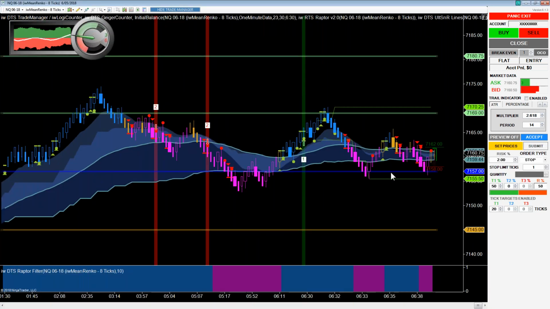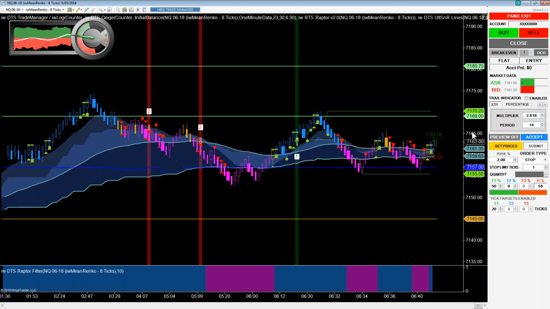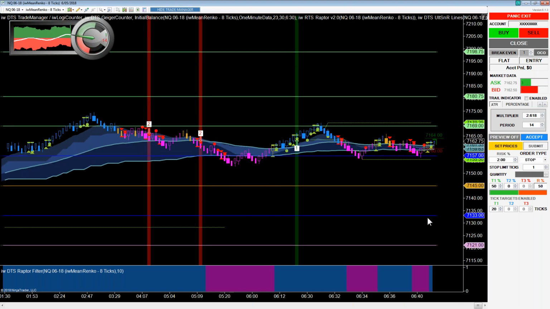So we're kind of supported by the primary support zone. If you're looking to extend your targets a little bit, the first target would be 71.45. The second target would be primary support here at 71.33.